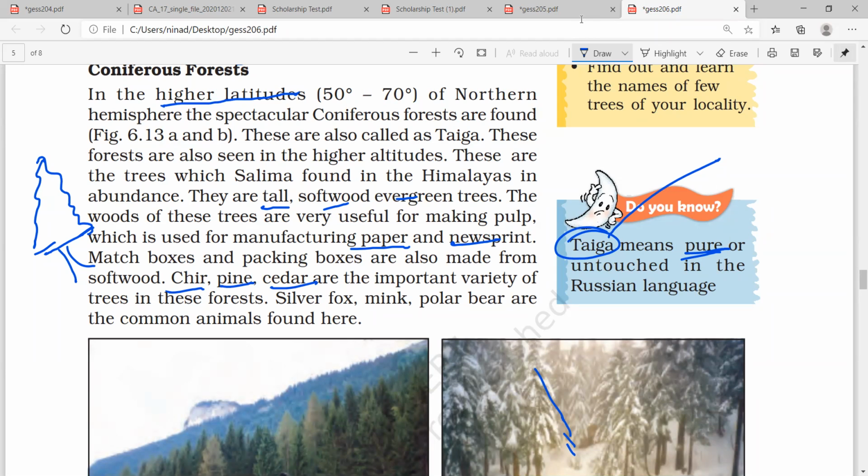If you find pine and cedar, then the entire forest will be the same. That is very different from the tropical evergreen forest, where there is a lot of diversity of species. But here the same species is found.